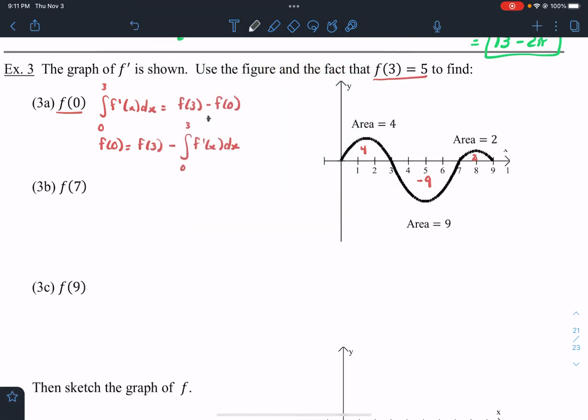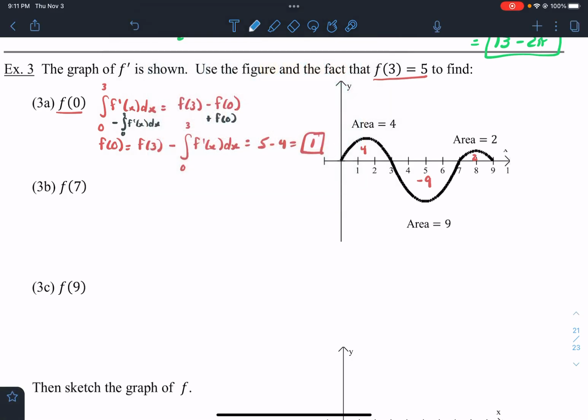What I did was I added f of 0 to one side, and then I subtracted the integral to the other side. And that's how I ended up with what I have now. So I have that area, and I also know what f of 3 is. So f of 3 was 5, and then the area from 0 to 3 was 4. So that's how I'm going to get 1 as my f of 0, my actual point (0, 1).